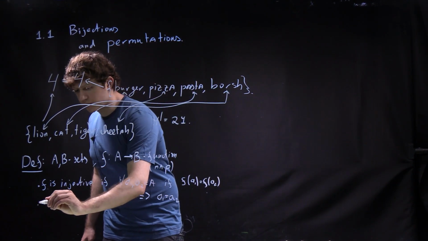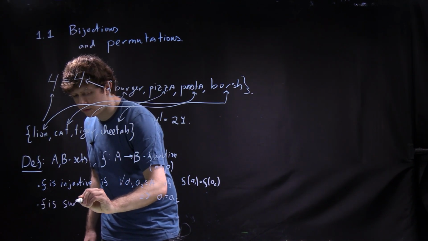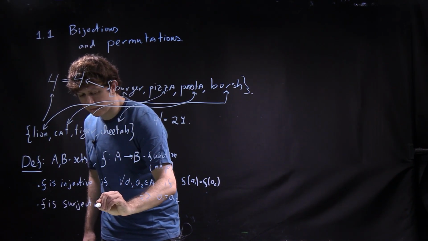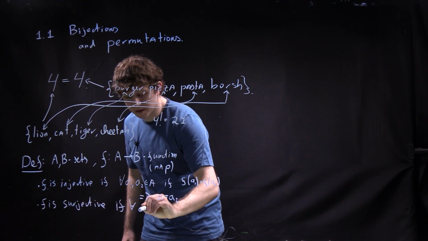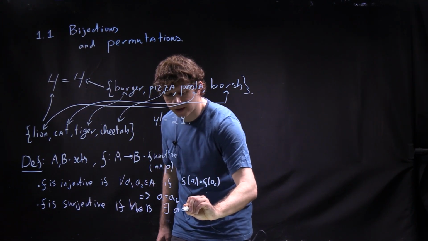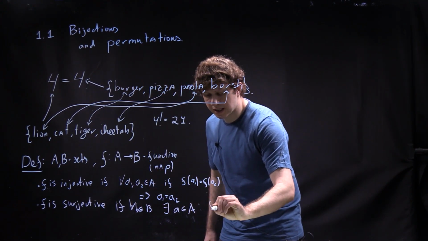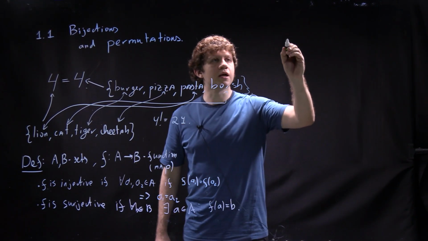And f is surjective if for every element b in B, there exists a certain element a in A such that f of a equals b. So let me draw this kind of familiar picture.